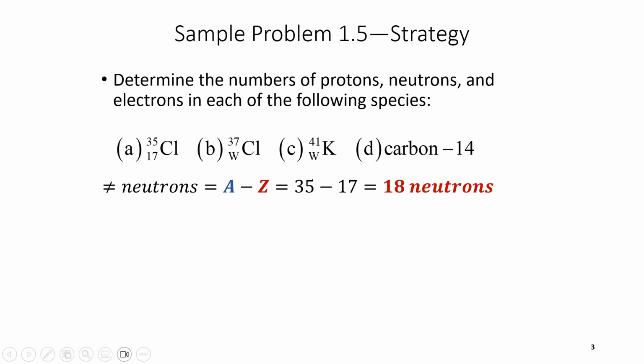The number of neutrons is equal to the difference between these two numbers, A minus Z, which is 35 minus 17. That is 18 neutrons. We know that Z corresponds to the number of protons. So I have 17 protons in chlorine, and because this is a neutral atom, I will also have 17 electrons.